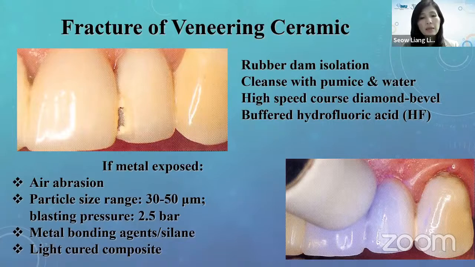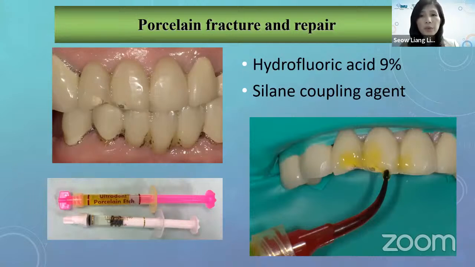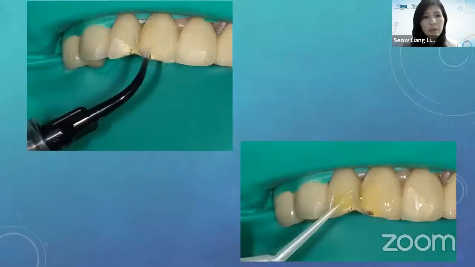Otherwise, we can apply silane, because silane is a bipolar molecule where one side of it will latch onto the silica from the ceramic material, and the other side can bond to the composite that you are bonding on. All right. So etch with hydrofluoric acid, 9%, apply silane coupling agent, and then dentin bonding agent, so that you maximize the bonding between the ceramic to the composite.